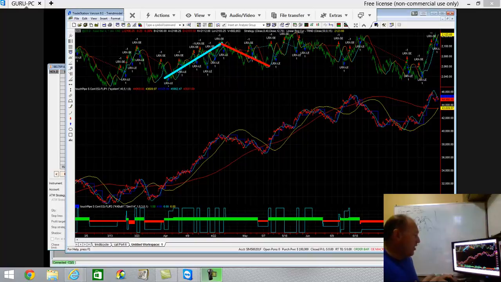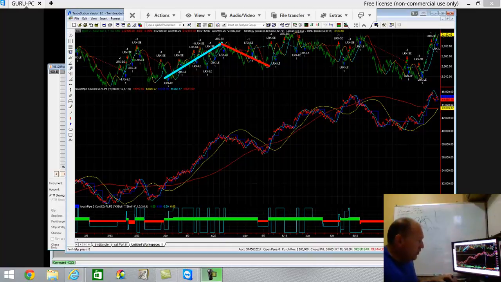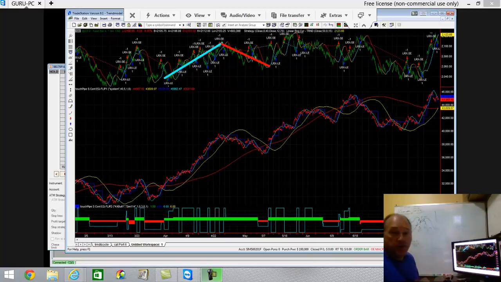So even though the environment is right for this, when the system is in line, we have a green. When the system is negative, you can see right in here where we fall below the yellow curve, in this particular case we're actually going the opposite.